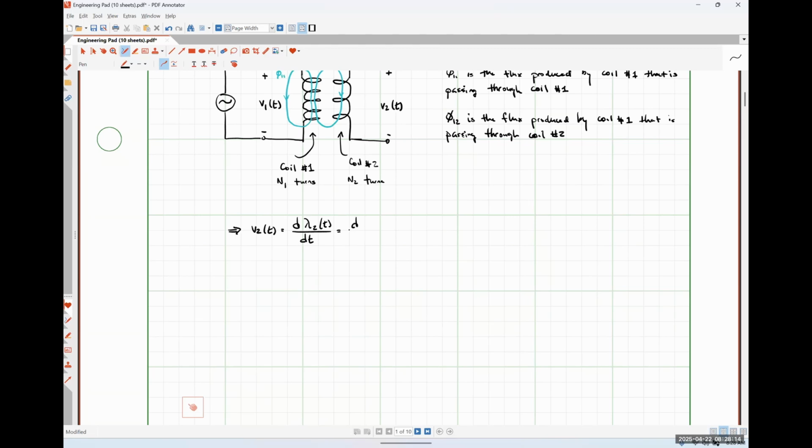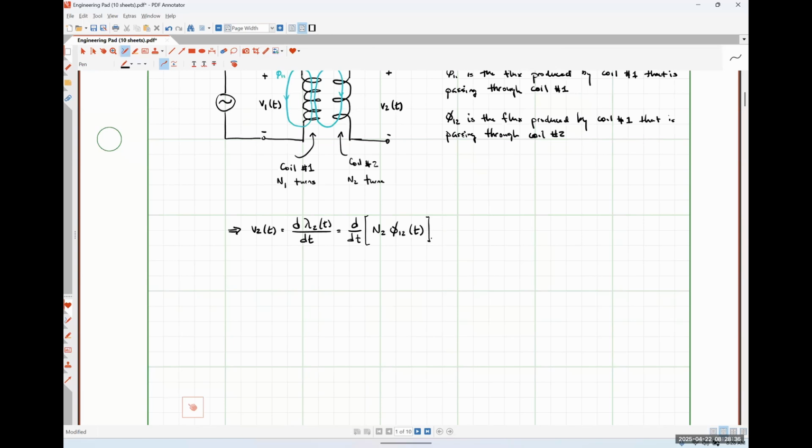So that's going to be the derivative of N2 times phi 12, like so.